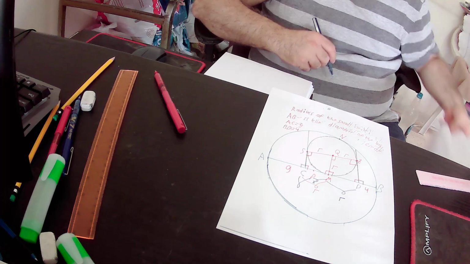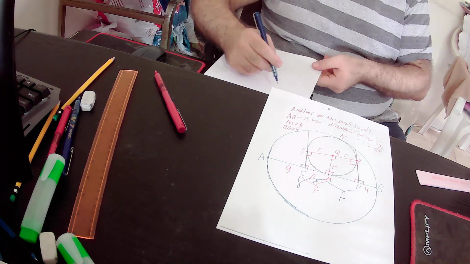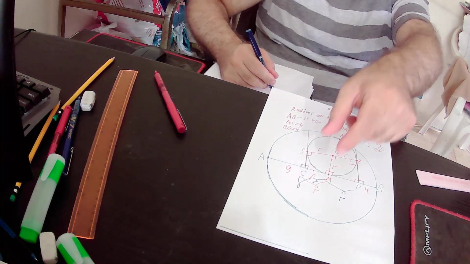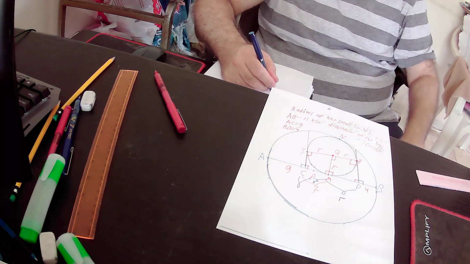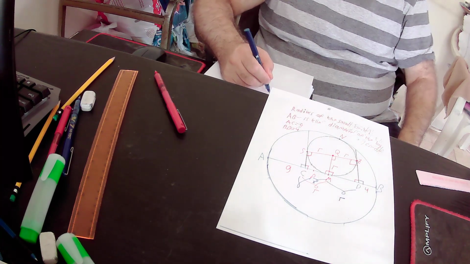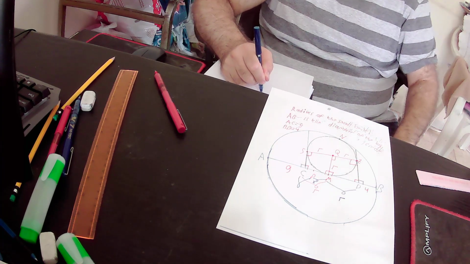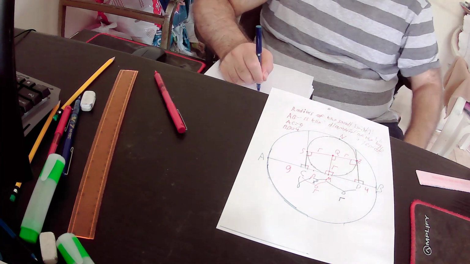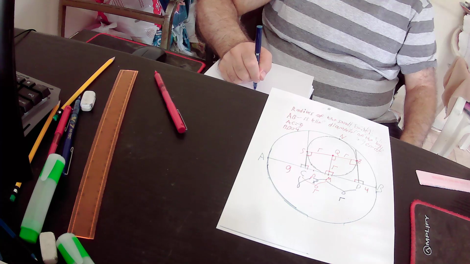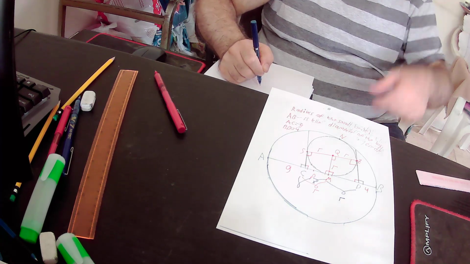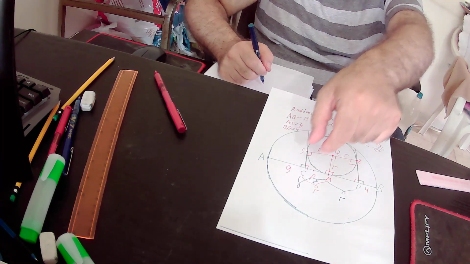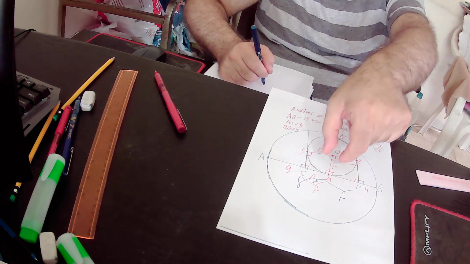Actually, CP equals CM minus PM. Very simple. CP equals CM minus PM.